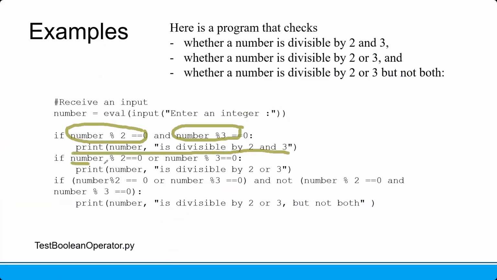If the number divided by 2 or the number divided by 3 equals 0, or the remainder is 0, then the number is divisible by 2 or 3. So if one of them is false, then we can say just false.